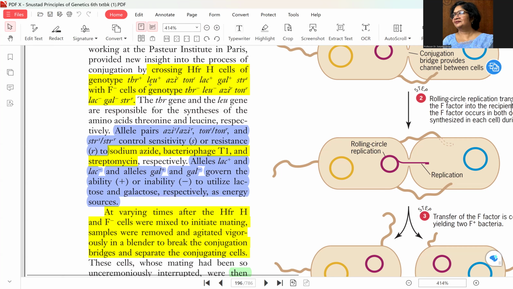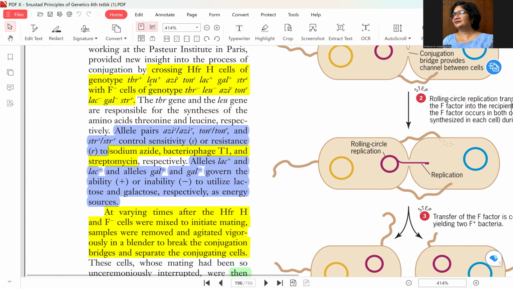So when we mix them for 5 to 7 minutes, if one cell is HFR and the other is F minus, then the HFR cell expresses F plus, pulls the recipient or F minus cell closer to it, and starts transferring its F factor into the recipient cell.